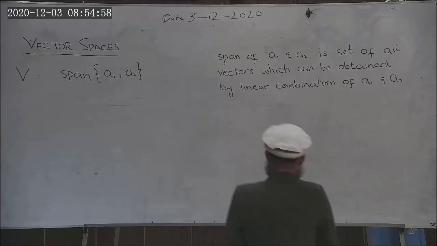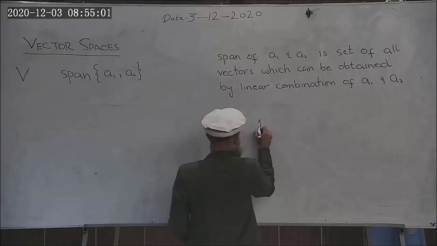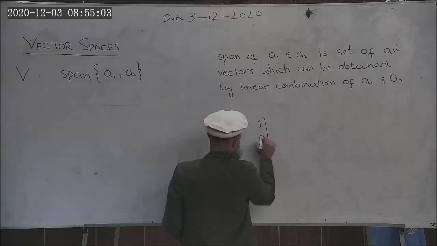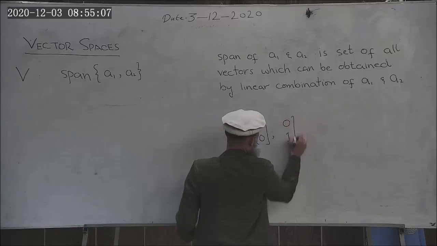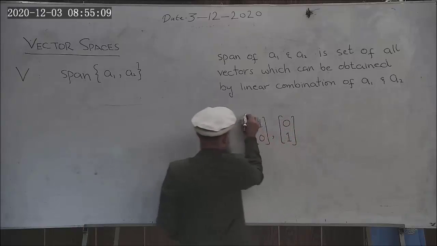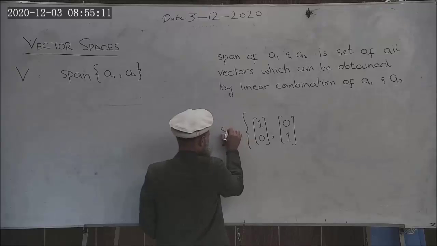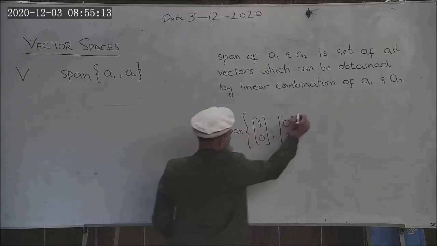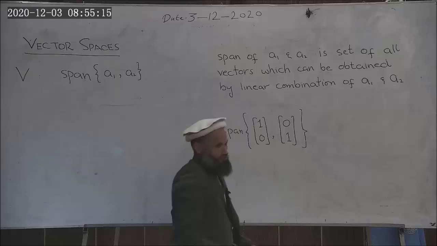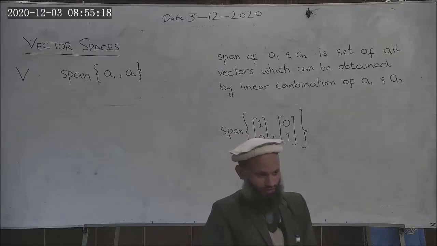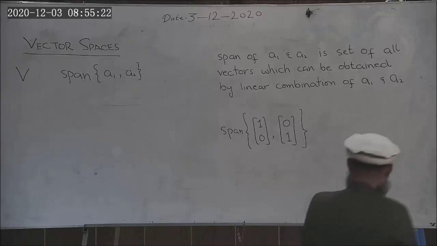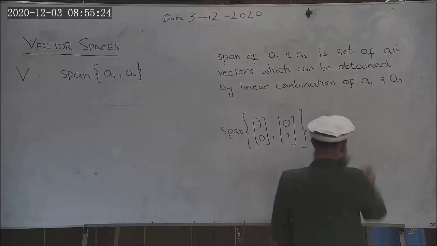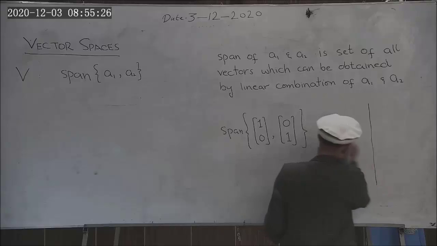For example, what is the span of these 2 vectors? The span of these 2 vectors is R2, which we have already discussed.